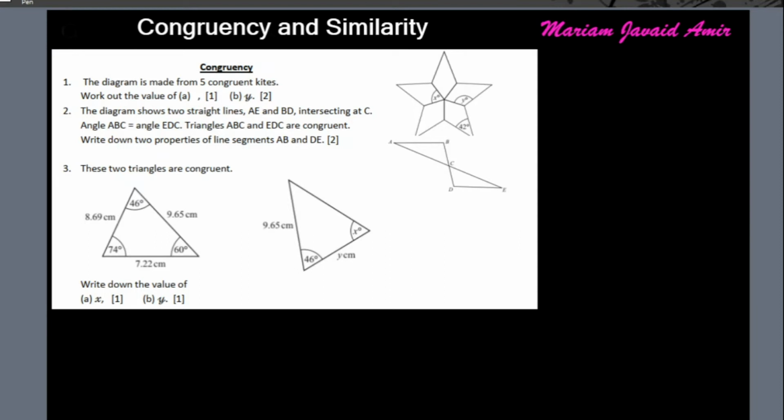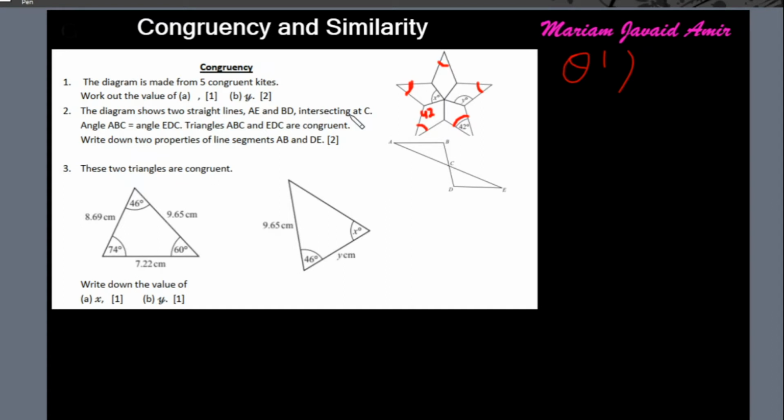Alright, starting with question number 1, which says the diagram is made up of 5 congruent triangles. Now congruent triangles would mean that if this angle is 42, then this is also 42, and this is also 42. All these kites are congruent, so all values are the same.